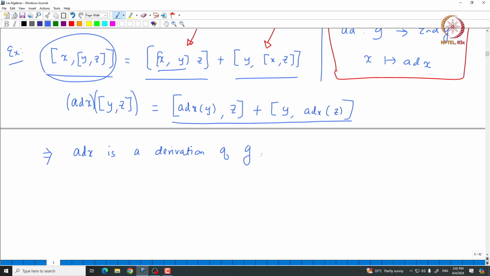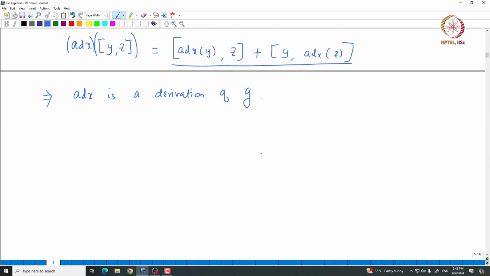Okay. So for any vector space A, let us say A is a vector space equipped with a multiplication. Let's call that multiplication A comma B goes to AB.